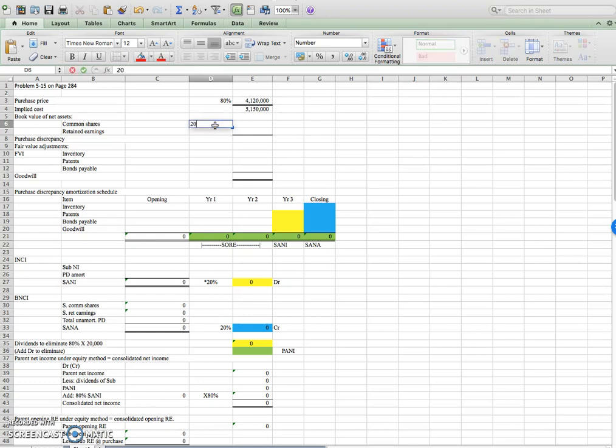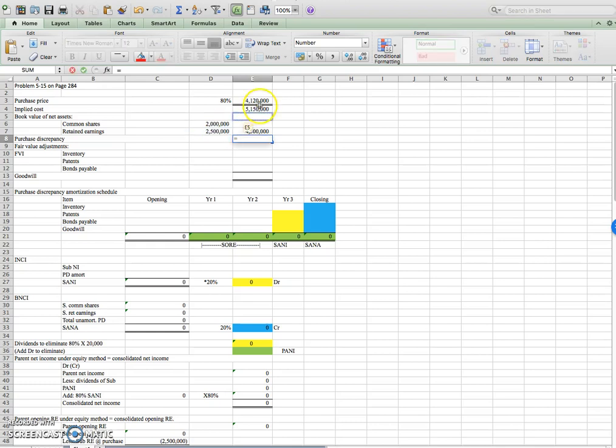So let's jot this down. The common shares are at 2 million and the retained earnings is 2.5 million. Now, of course, we want to have a sum of these figures, so let's add that in. The total net book value of the net assets was 4.5 million.